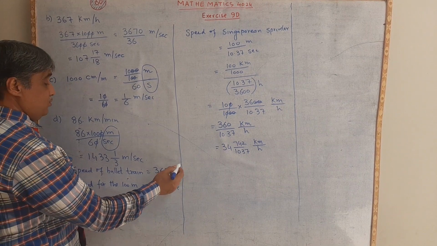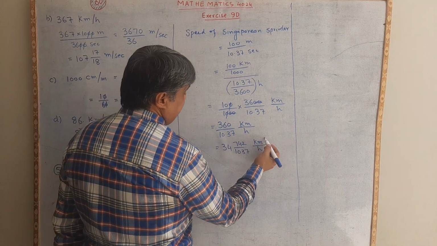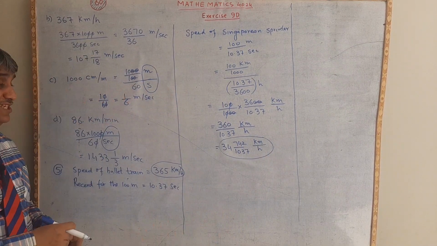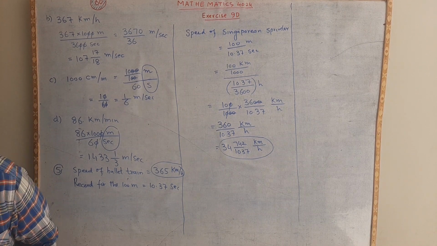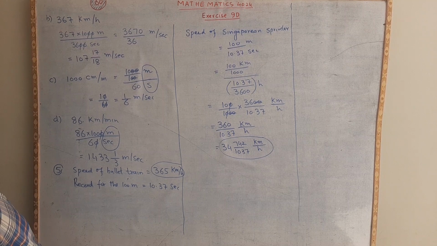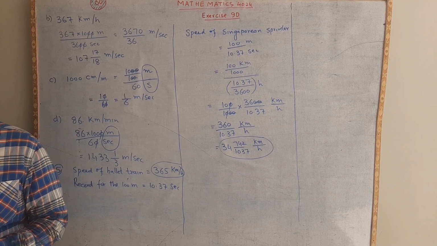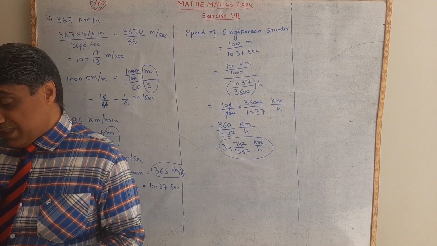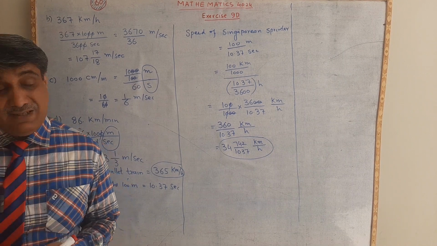Now we have to compare, we have to find the ratio of both. Now you can see that ratio is also very necessary. So that is why they given us the number of times the bullet train is as fast as the fastest Singaporean sprinter.